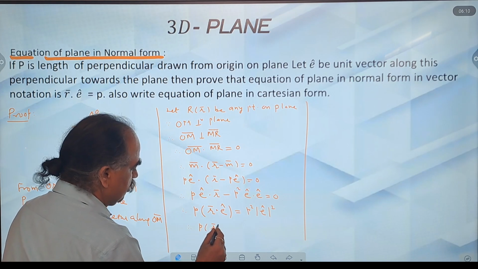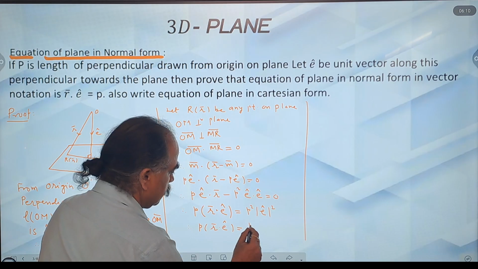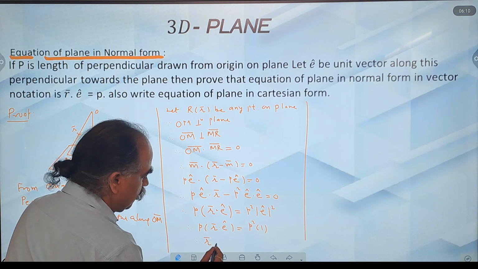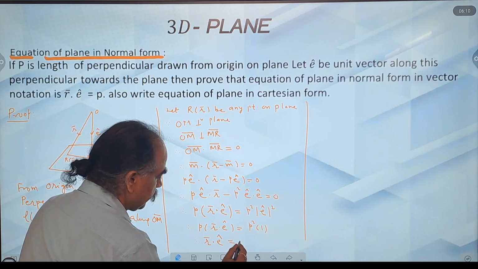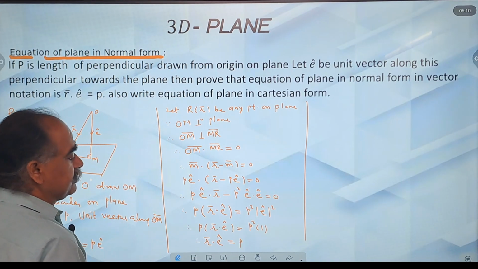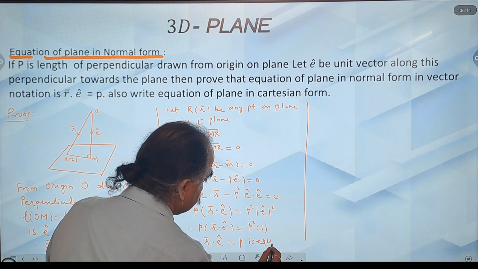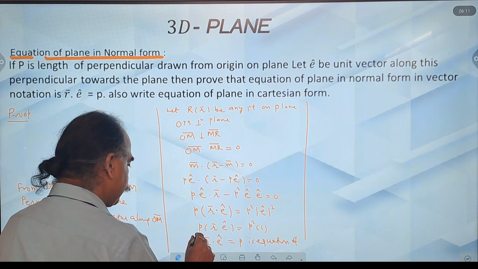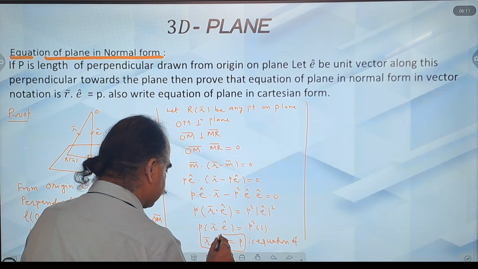P into R bar dot E cap is P square into 1. One P will get cancelled. So R bar dot E cap is equal to P is the equation of plane in normal form in vector notation.